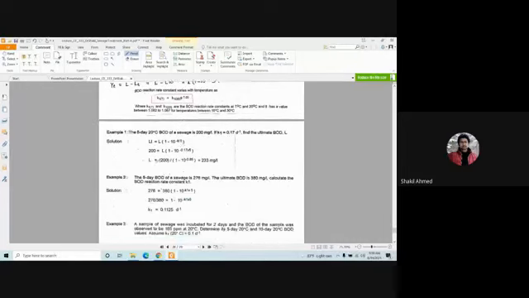Fine. So let's see some examples here. The 5-day 20 degrees Celsius BOD of a sewage is 200 milligram per liter. So it's given actually.